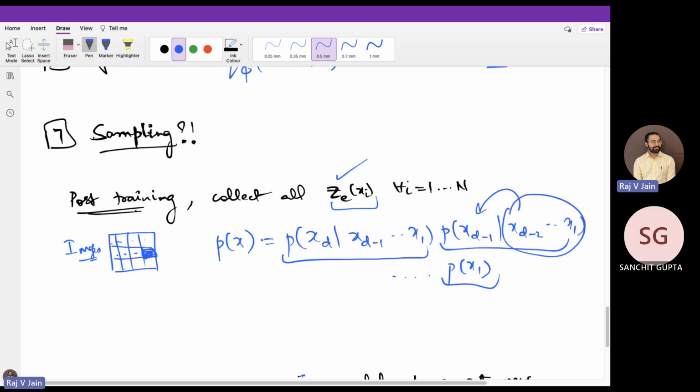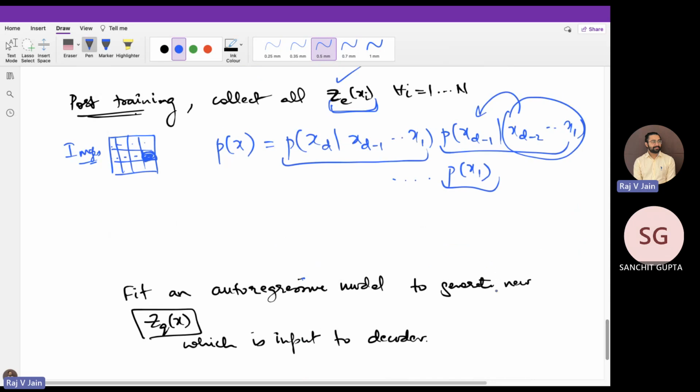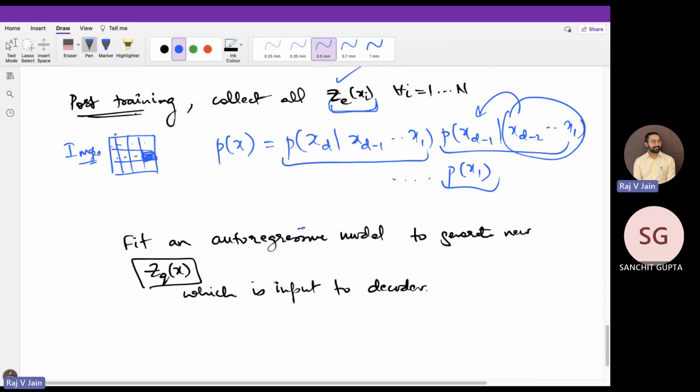So the idea is, if you fit a model like this on all these Z(xi), you'll be able to generate new elements of this embedding space. Those you pass as input to your decoder. That is the idea.